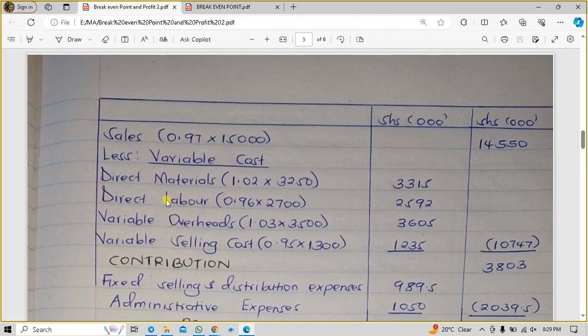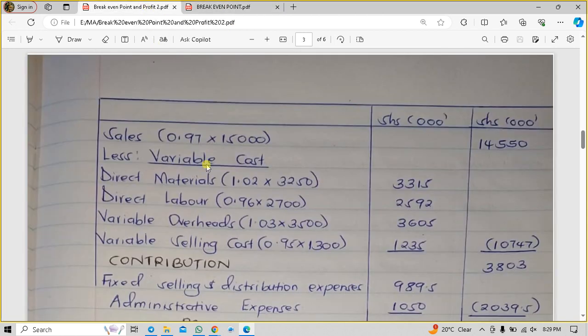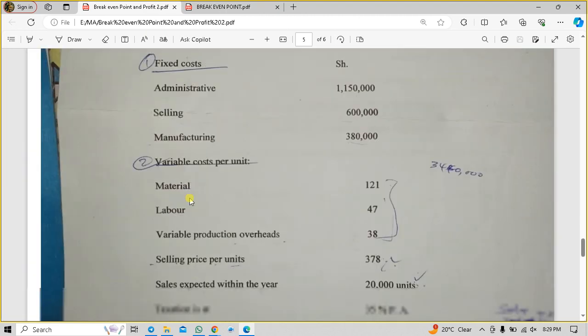Then direct labor tunasema hapa tuna multiply 47 times 20,000, because 47 ni for 1 unit, variable cost for 1 unit. Ni kama kuambiwa the labor cost ya kuproduce, sema kama ni kampuni ya tissue, 1 tissue paper.